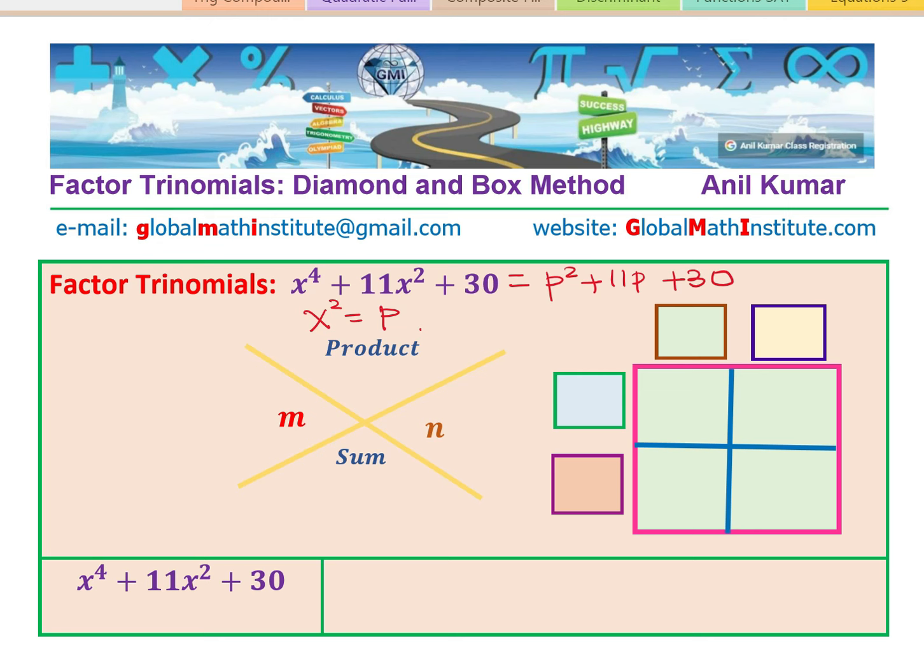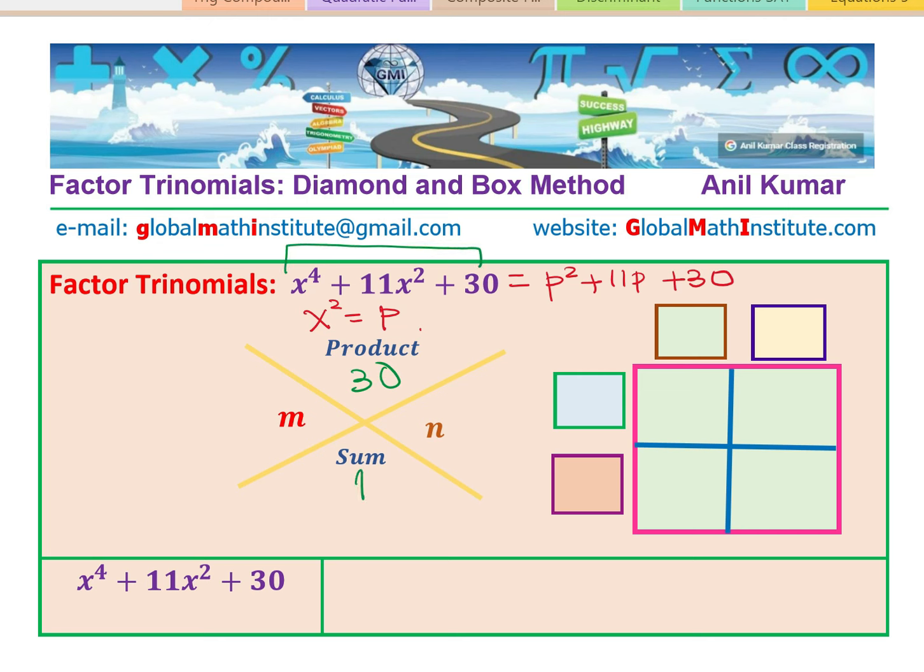So it is the same equation. Do you see that? Instead of x, we are writing p. Rather, x square we are replacing with p. You get the idea. Let's do it. Now here, what is the product? Well, the coefficient of x to the power of 4 is just 1. So the product in this particular case is 30, which is 1 times 30.